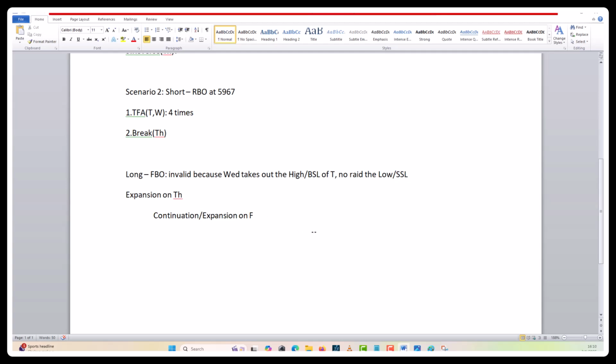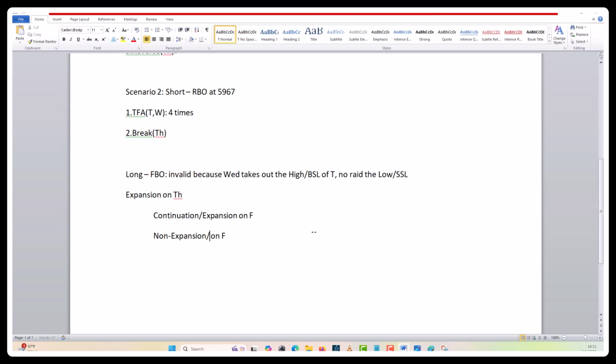The continuation can be a move. Or we have another one, called what? It's a non-expansion move on Friday.